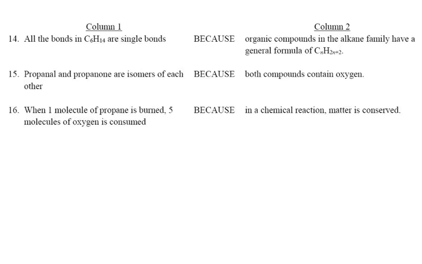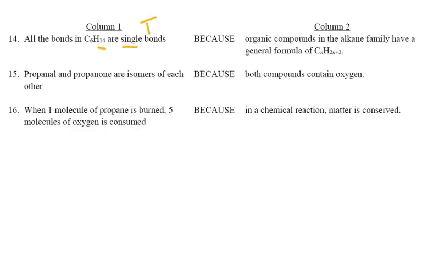Now, these kinds of problems, you take each one and say true or false, and then if the second statement explains the first statement, then we'll say correct explanation. So all bonds in C6H14 are single bonds. That 14 is double the 6 plus 2, so that is true. Organic compounds in the alkane family have a general formula of CnH2n plus 2.